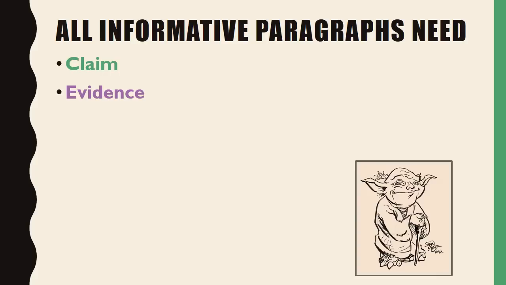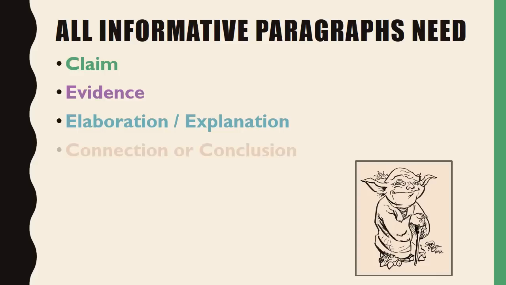And along with that evidence, you'll need elaboration or explanation, which is the third part of a paragraph. And then the final part of a paragraph is your connection or your conclusion. Sometimes it's a connection because you're moving on to another paragraph. Other times it's a conclusion because you're wrapping things up. And I've color-coded these. You'll see the color codes throughout the rest of this slideshow.